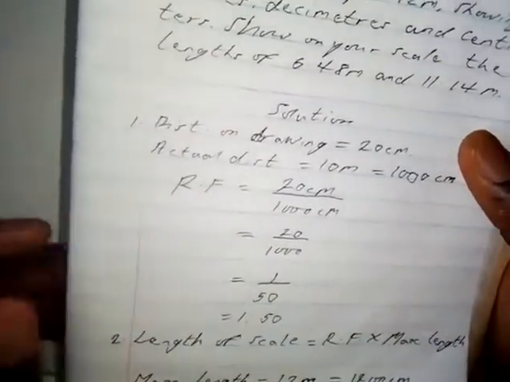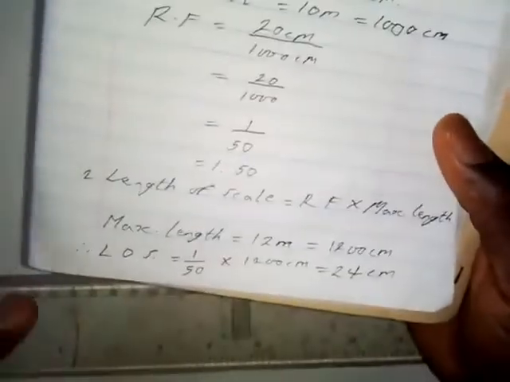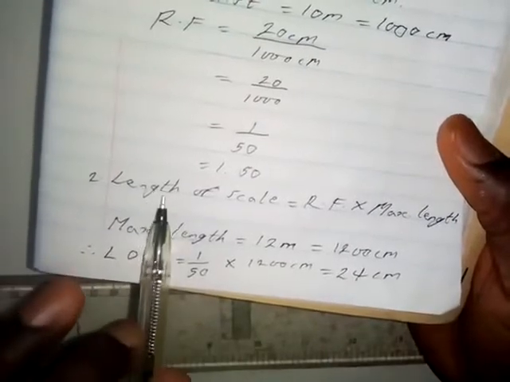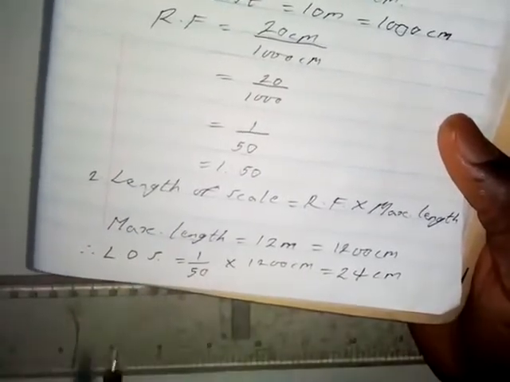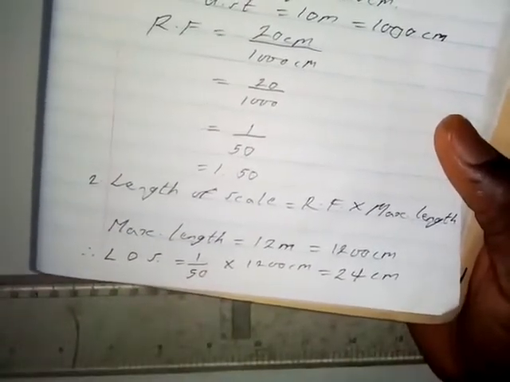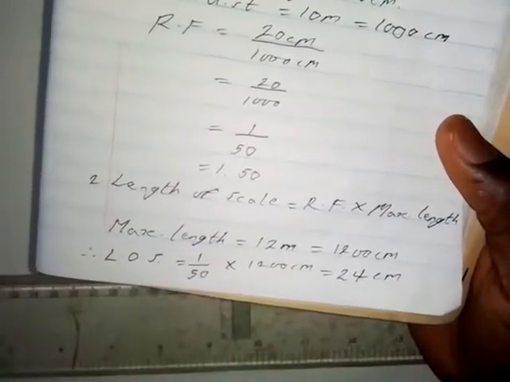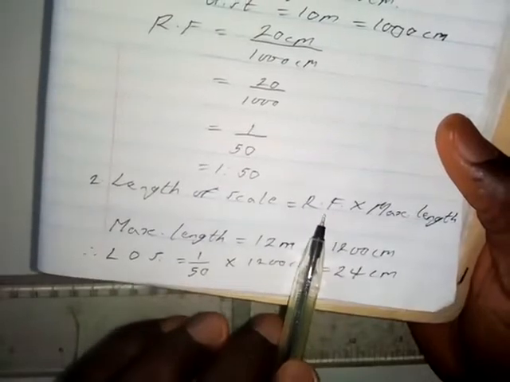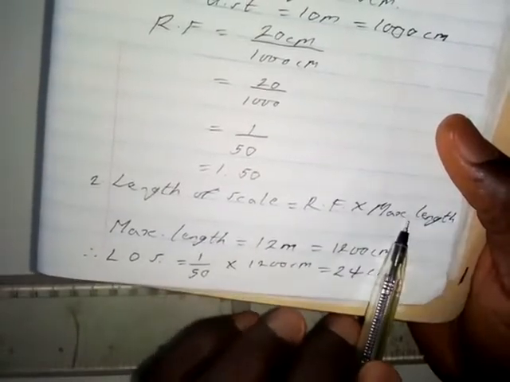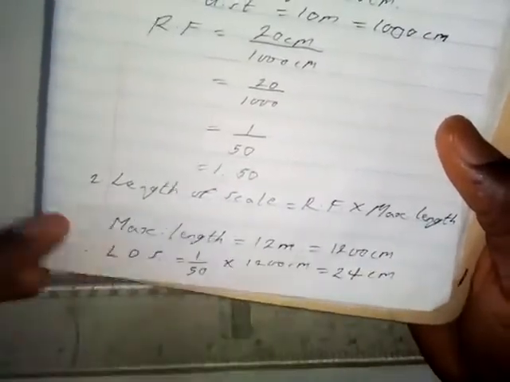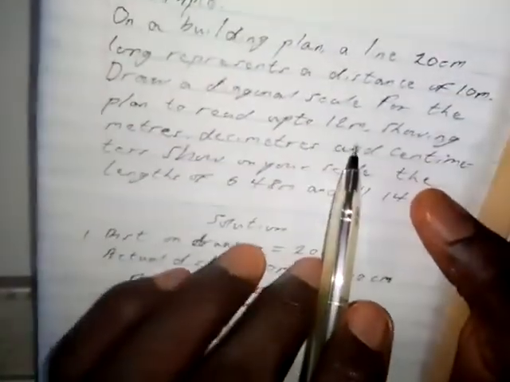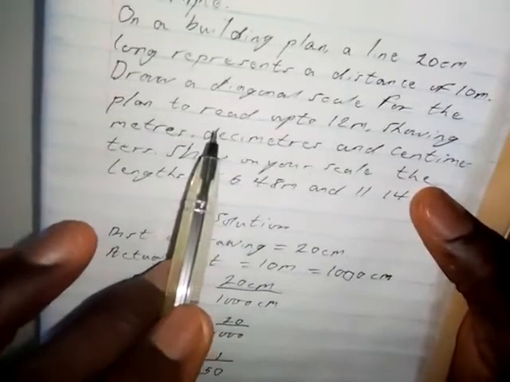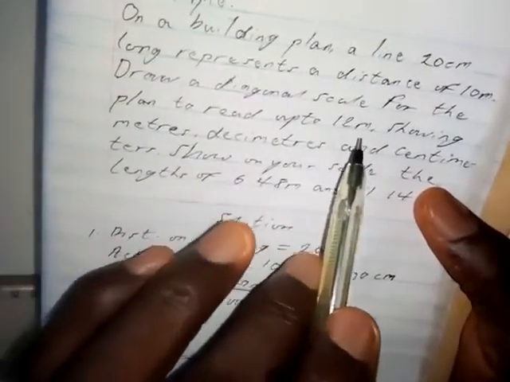Having obtained the representative fraction, the next thing we need, which is very important, is the length of scale. Without getting the length of scale, you cannot construct the scale. Length of scale is equal to RF times the maximum length. In the question, the maximum length is mentioned: the plan should reach up to 12 meters.